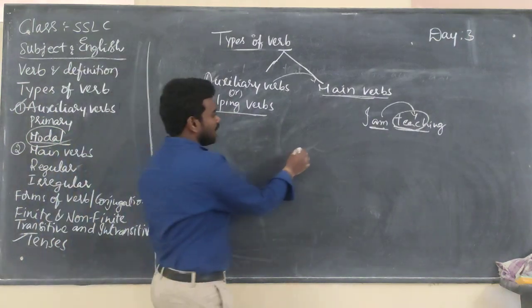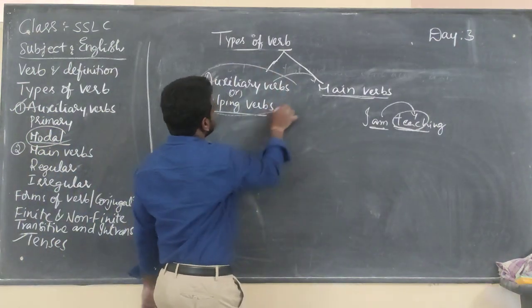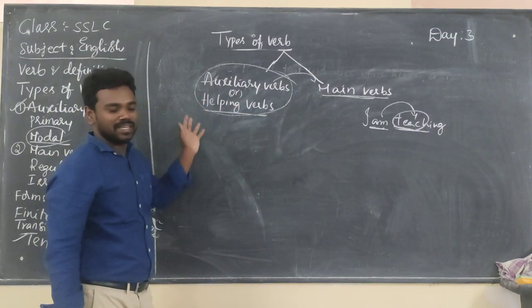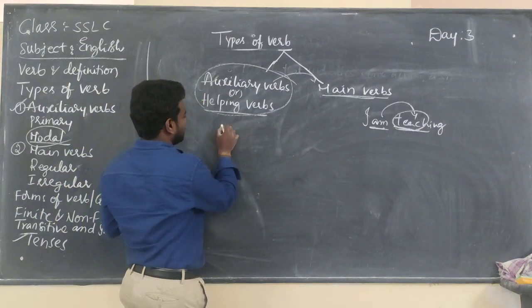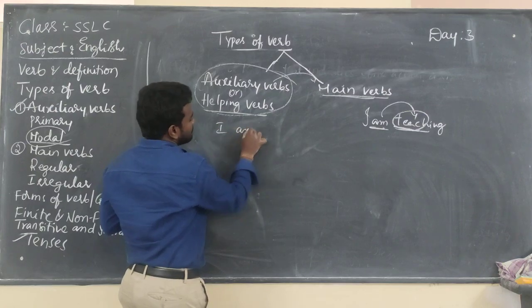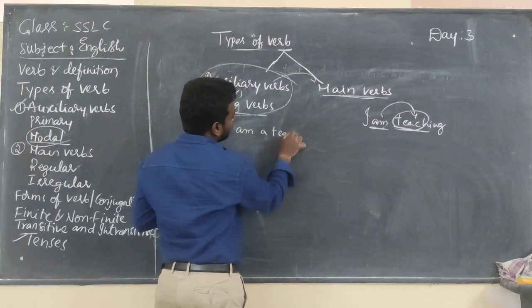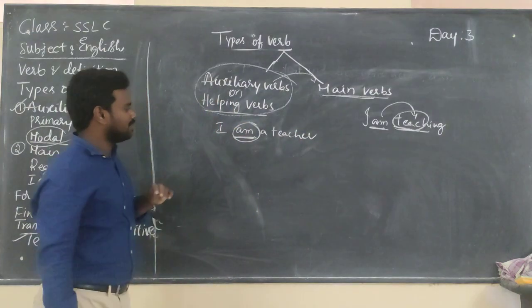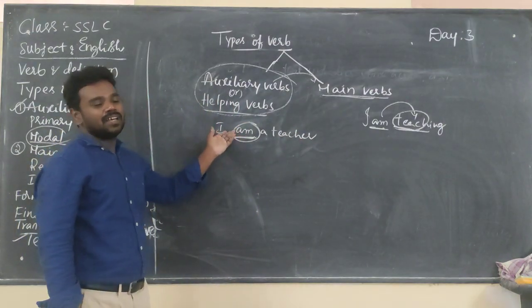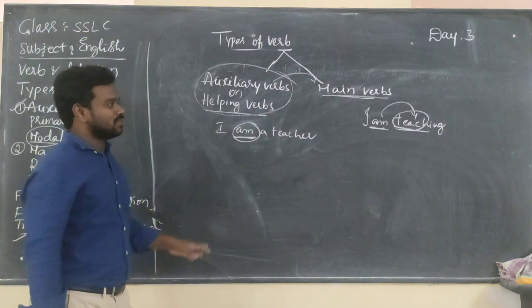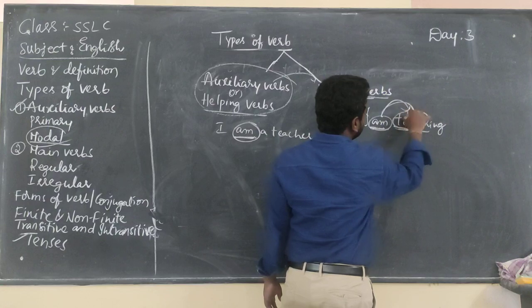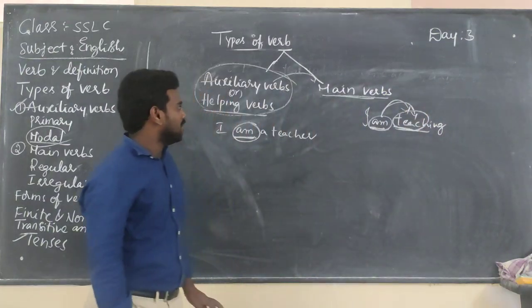Sometimes auxiliary verbs we can also use as main verbs. For example, we can say I am a teacher. So am here performs as a main verb. Otherwise, am helps the main verb.